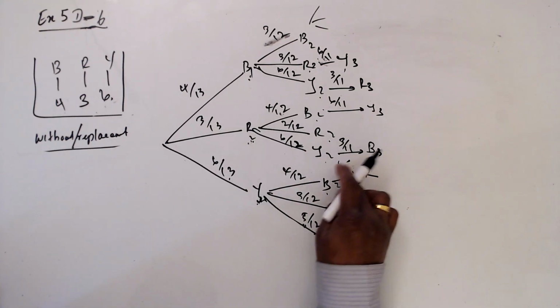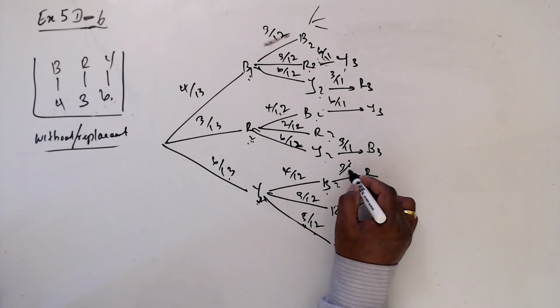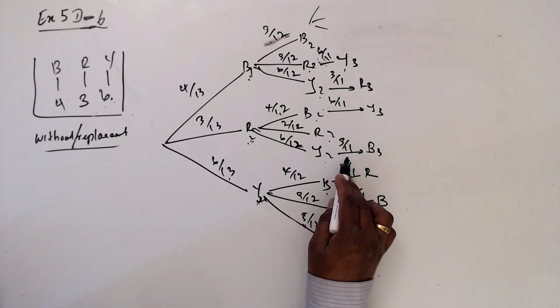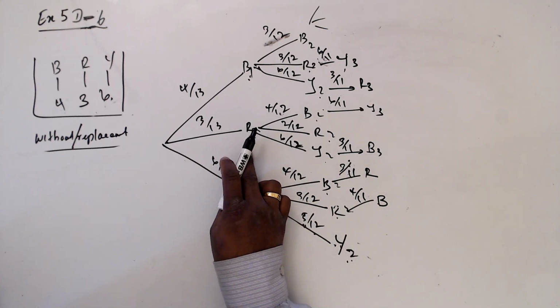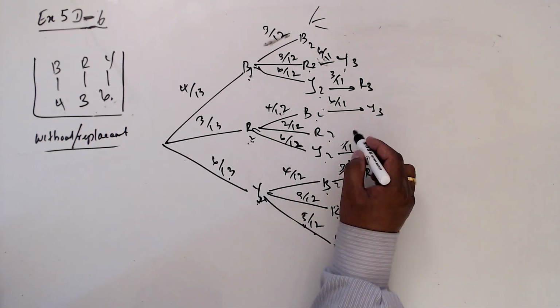Here red is 3 out of 11. The blue is 4 out of 11.